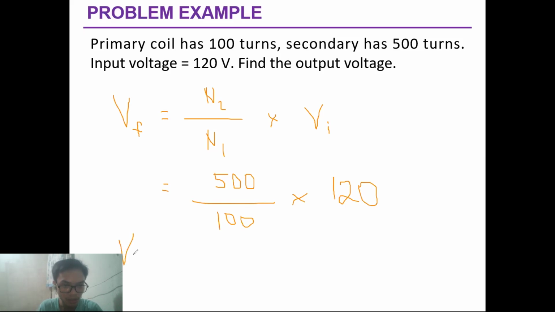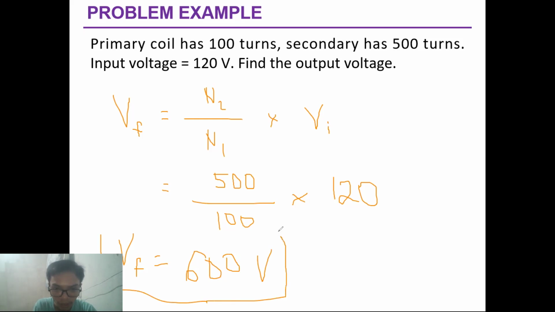Based on this calculation, we will get 600 volts. Therefore, the output voltage based on these given values is equal to 600 volts.